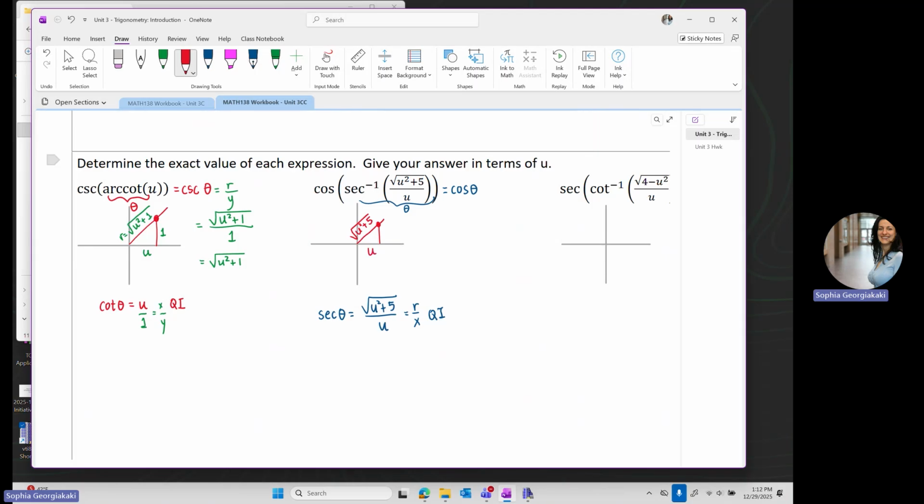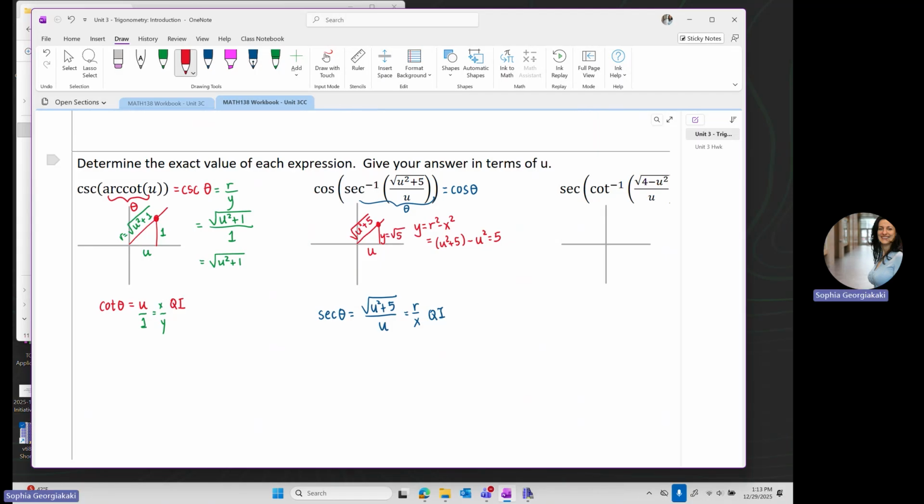And therefore, the y will be the difference, right? So the y will be the square root of r squared minus x squared, which is u squared plus 5 minus u squared, which is 5. Therefore, the y is the square root of 5.